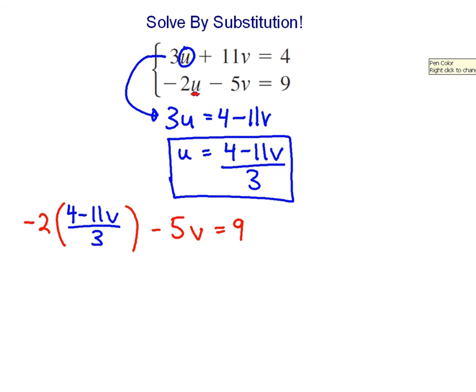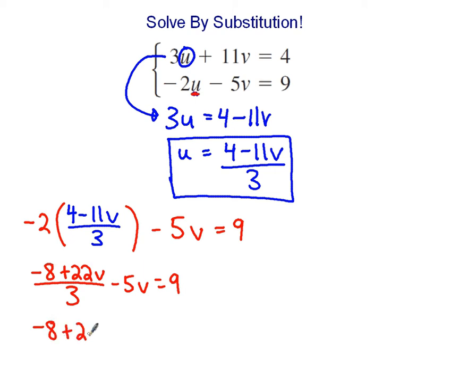I can multiply negative 2 into the brackets. So that's going to be (negative 8 plus 22v) all over 3, minus 5v equals 9. And then just to make things simple, I'm going to multiply everything by 3. So that gives me negative 8 plus 22v minus 15v equals 27.